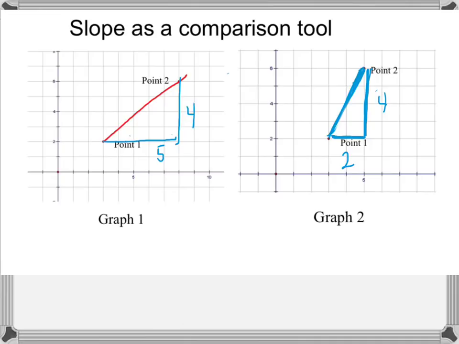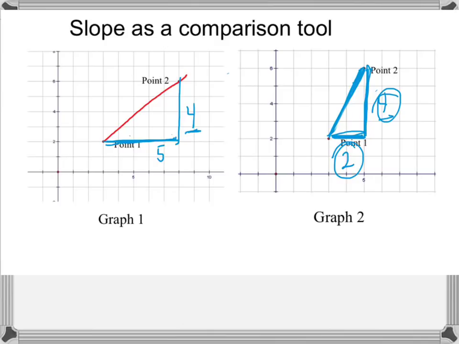So for the same rise, they've both gone up 4 units vertically. Graph 1 has gone up 4 units across 5 horizontal distances, whereas graph 2 did it in 2 horizontal distances. So we can see that graph 2 is steeper than graph 1 because it has gone up the same amount, but it's used less horizontal distance to do that.